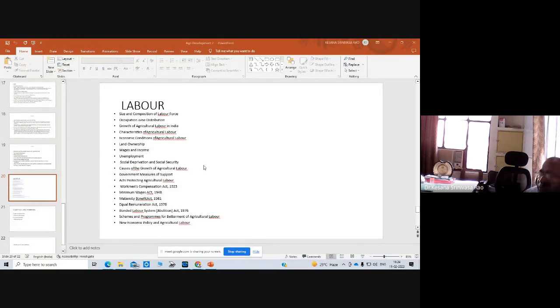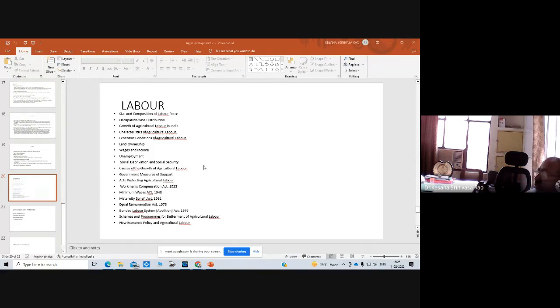Especially in the hill region, you may see that in the majority of places only females work hard and males take rest, whereas in the plains, males work and females take rest, in the majority of cases. So these are all the factors and reasons. The family people may not have a good income level, so they are not able to educate themselves, and due to that reason the agriculture labor force can grow over a period of time.